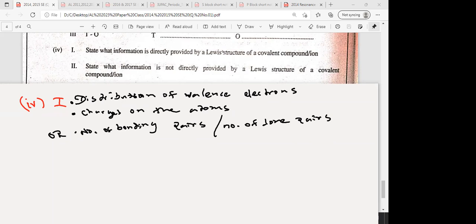Now tell me what information cannot be provided by the Lewis structure. Part 2. What information cannot be provided by the Lewis structure?